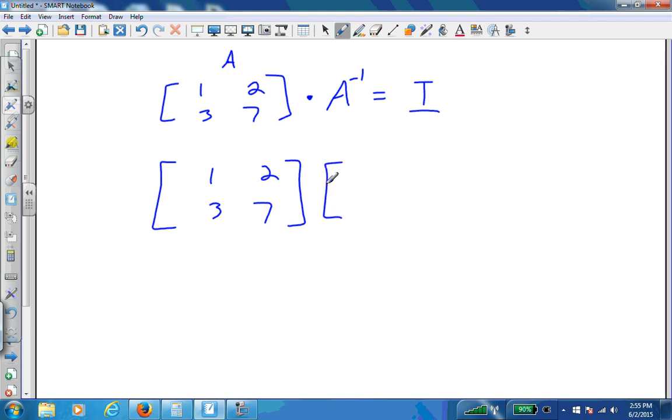So I'm wanting to find some matrix. Let's see, what notation do they use? We can call this row 1, column 1, row 1, column 2, row 2, column 1, row 2, column 2. So when we multiply all that together, we get this.